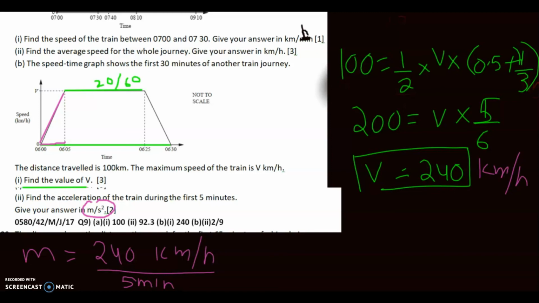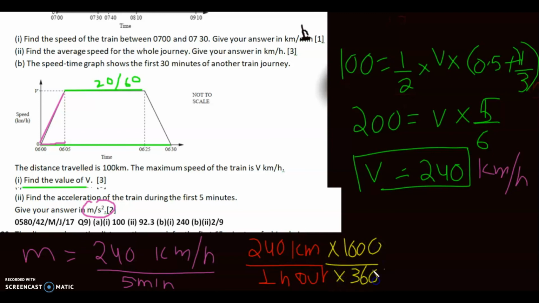So 240 kilometers over 1 hour. Change this into meters per second. So I'll multiply the numerator with 1000 and multiply the denominator with 3600. So that gives 240 times 1000 divided by 3600.